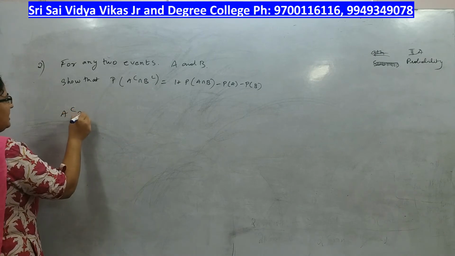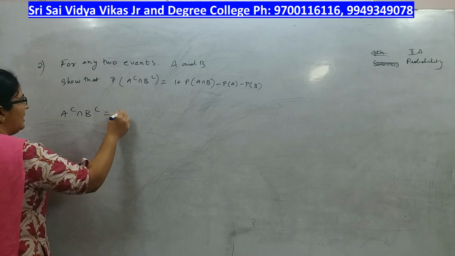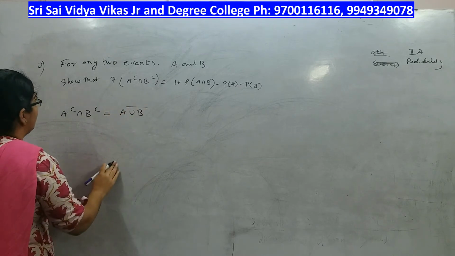A complement intersection B complement is equal to A union B whole complement. This is the formula.